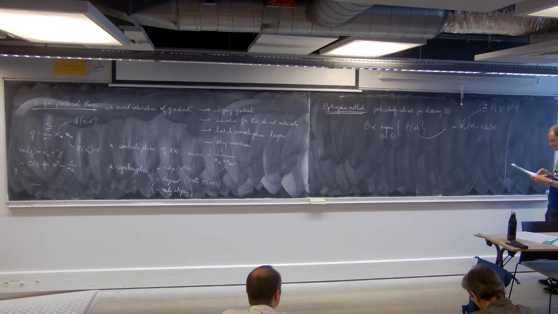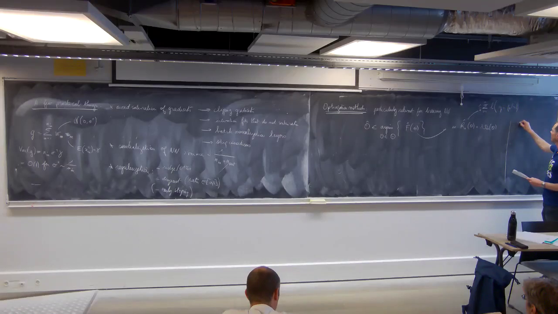optimize. And let's list a bit some properties of this function. The first thing is that typically we have non-convex problems. It's really clear with neural networks.